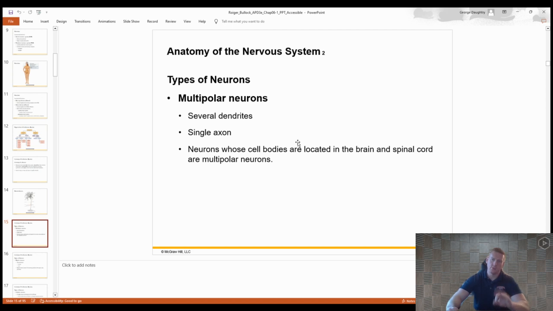And neurons have three different classifications. There's multipolar, unipolar, and bipolar. And the way that you know the difference between the three, of course, there's a definition on the screen, but the way that you know the difference between the three types of peripheral system neurons is depending on its cell body location or the nucleus location.